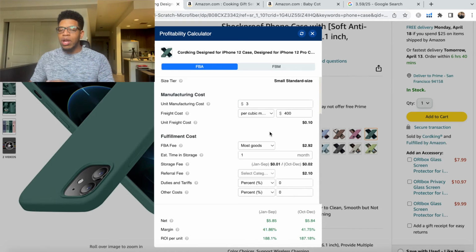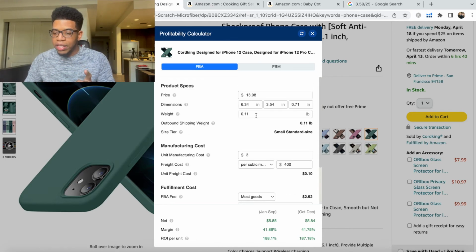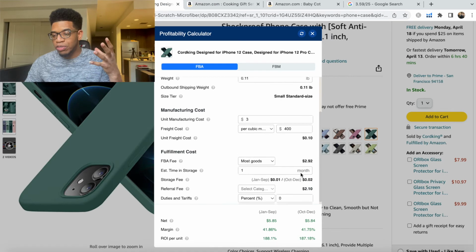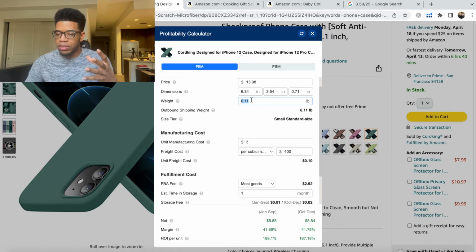But once again, we can easily see how much Amazon's going to charge us based on the dimensions and the weight of the unit. So we know that the FBA fees are going to be $2.92 and the referral fees are going to be $2.10. So let's say for some random case, it's going to be a single pound in weight, and the dimensions go up to 15 inches on the longest side.